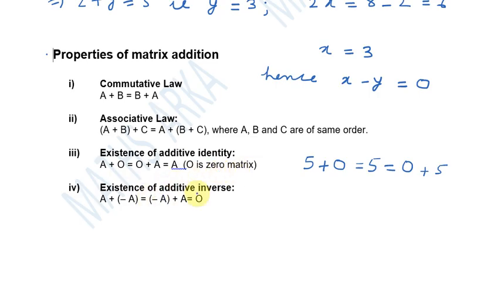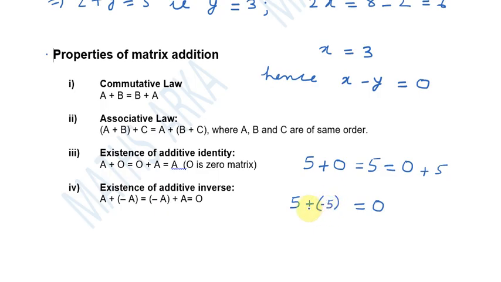Now the additive inverse. If we take the real number 5, what would be the additive inverse? The additive inverse is something which, when added to this number, gives the additive identity, that is 0. So what would be added here? Minus 5.